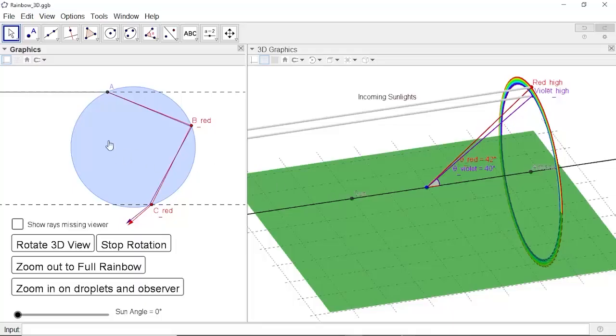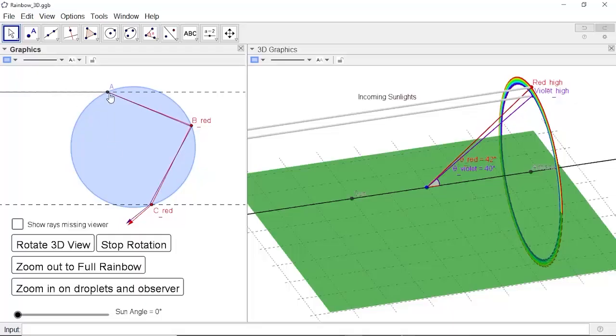Here are 2 models. The 2-dimensional model is on the left side. The 3D model is on the right side. This 2D model simply shows a raindrop in the shape of a circle.